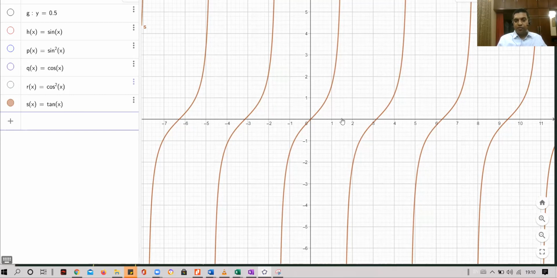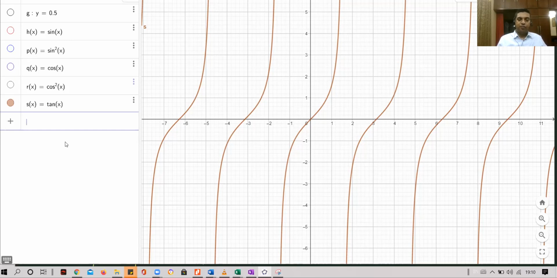So from minus pi by 2 to pi by 2, you will get one full tan curve. And again it repeats from pi by 2 to 3 pi by 2. It repeats. And then 3 pi by 2 to 5 pi by 2. Again it repeats.